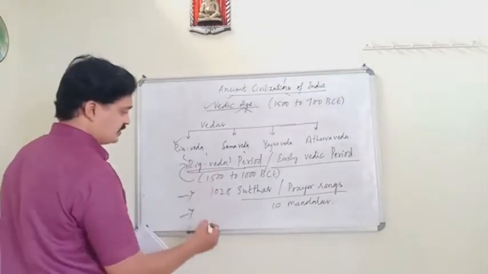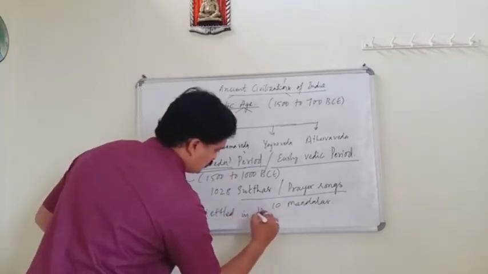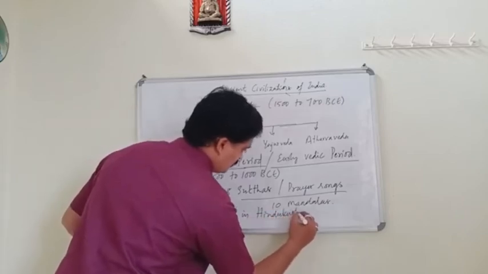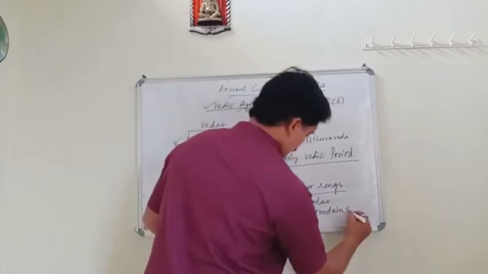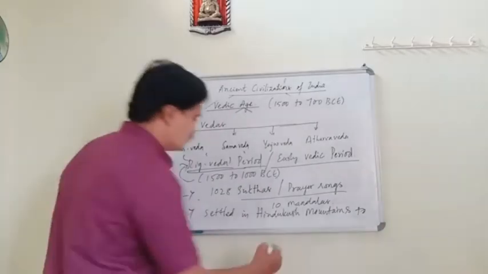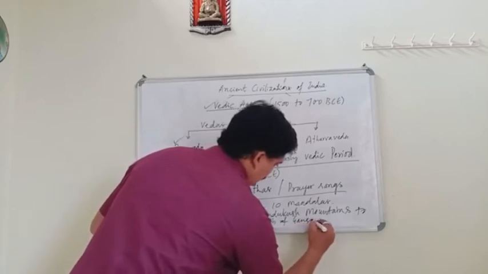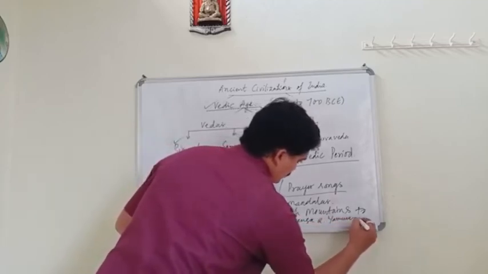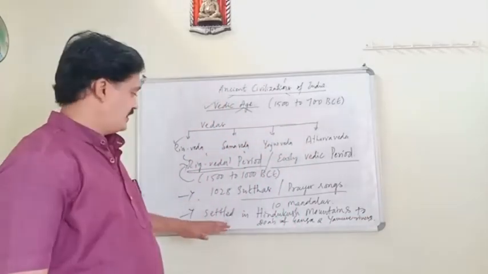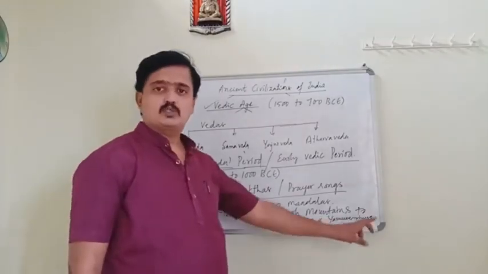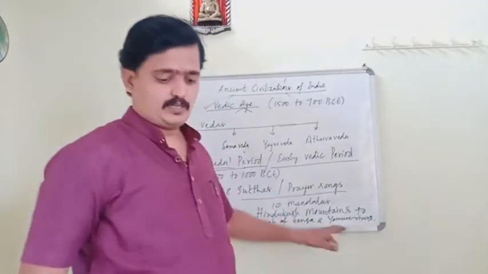So in the Rigveda period here, the people settled in the Hindu Kush mountains to the Doab of Ganga and Yamuna rivers here. Okay.